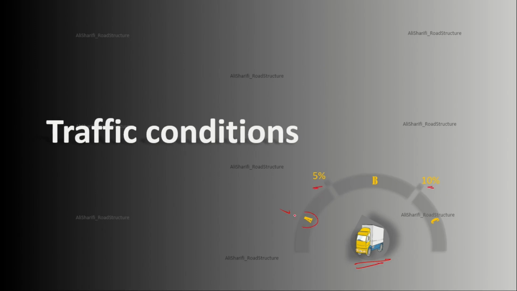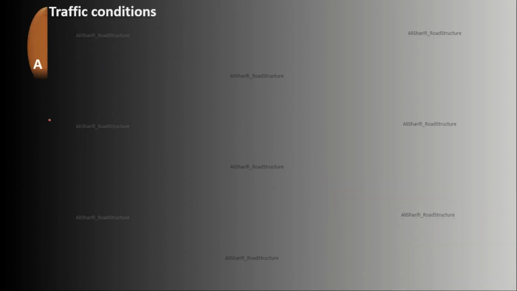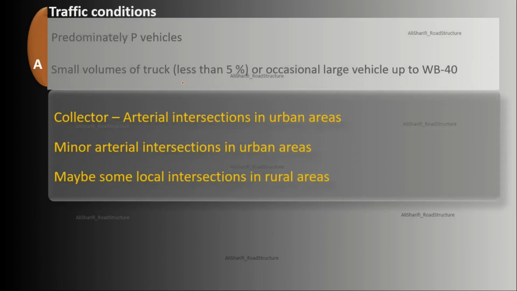Traffic conditions A, B, and C are introduced in the Green Book. In traffic condition A, where there is a small proportion of trucks, in other words less than 5%, passenger cars govern the design, and some consideration is also given to SU-30.